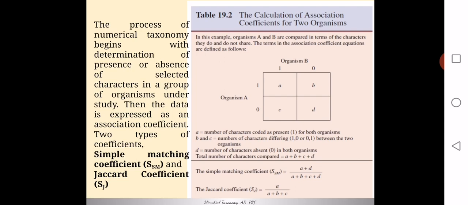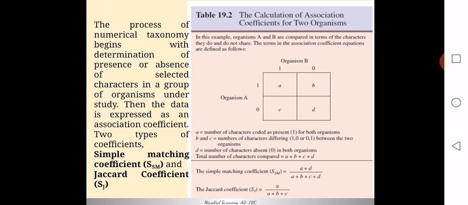Here a is the number of characters present in both organisms, b is the number present in A and absent in B, c is the number present in B and absent in A, and d is the number absent in both organisms.